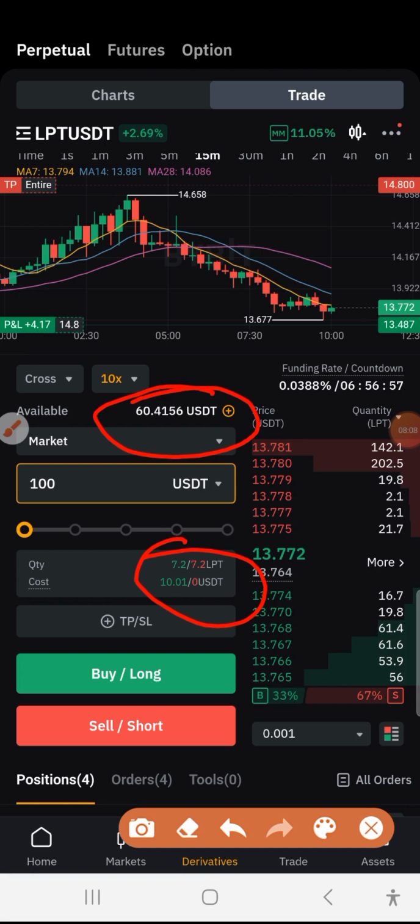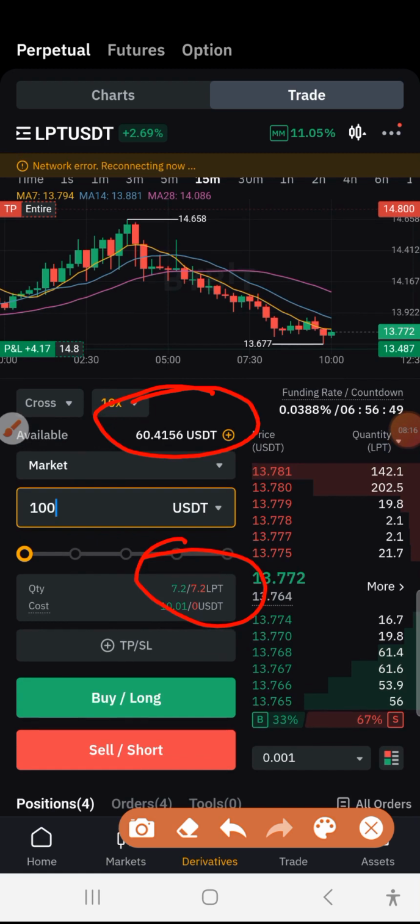That is why it is always advisable for beginners to use isolated margin. But if you are using our no loss strategy, then you don't have to be afraid of cross margin, because even if you are using cross margin, you are not losing a dime. All right, so that is it.